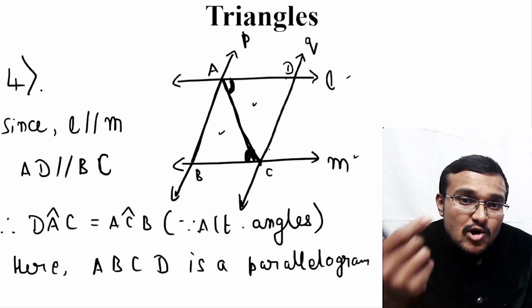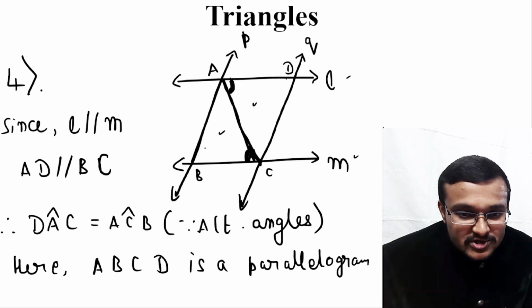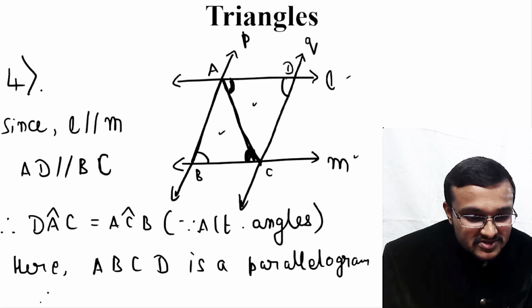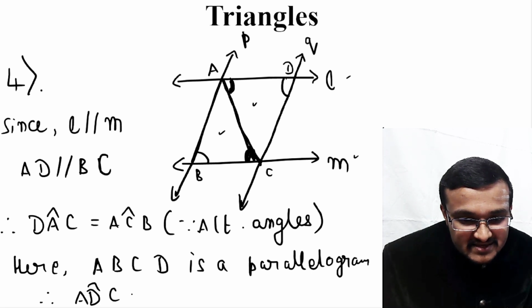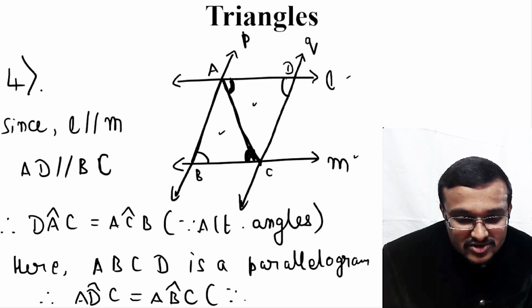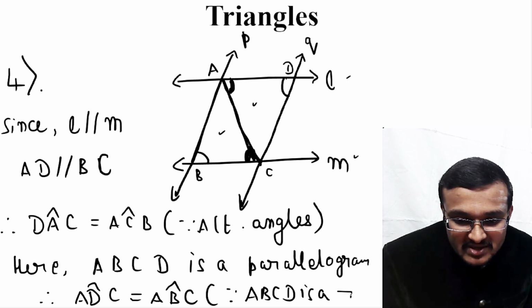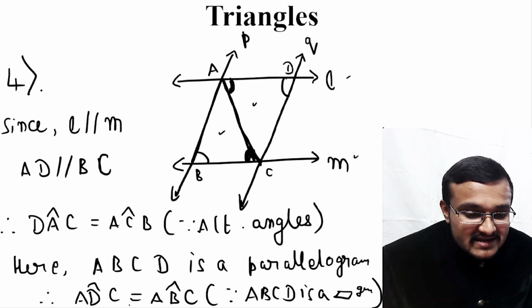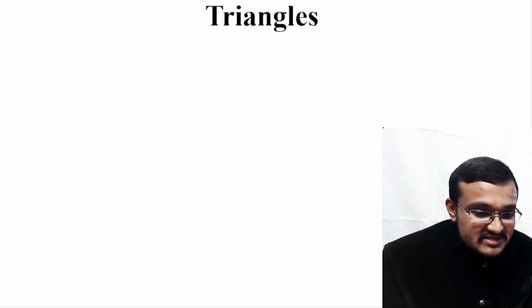In a parallelogram, opposite angles will be equal to each other. So this angle will be equal to this particular angle. Therefore, since ABCD is a parallelogram, angle ADC will be equal to angle ABC.